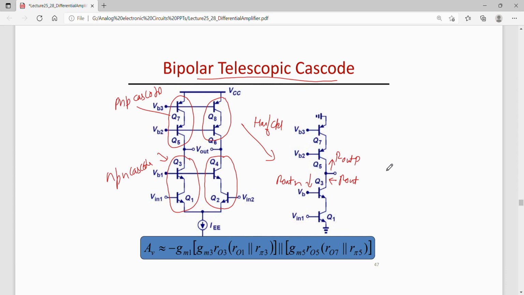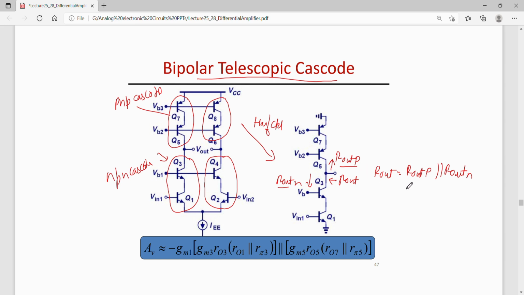So total R out can be written as R out of P cascode in parallel with R out of N cascode. Okay. For P cascode and N cascode, both individually we have found earlier. In our previous lectures we had found the impedance. Okay.